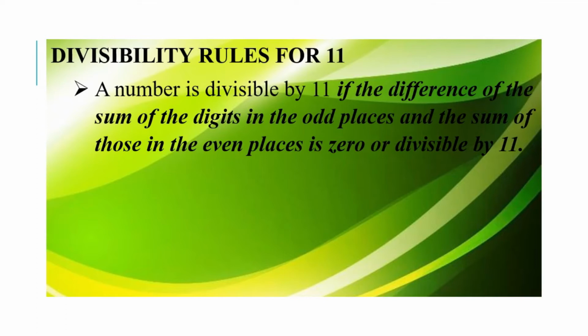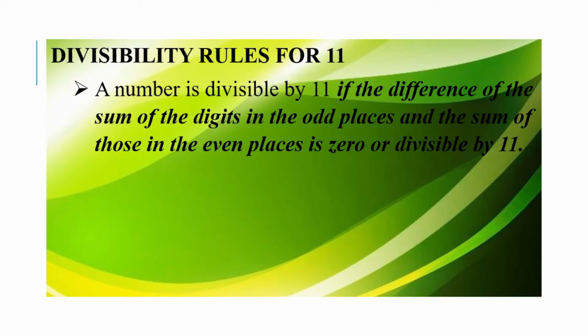A number is divisible by 11 if the difference of the sum of the digits in the odd places and the sum of those in the even places is 0 or divisible by 11. Take note, the difference of the sum of the digits in the odd places and the sum of those in the even places is 0 or divisible by 11.